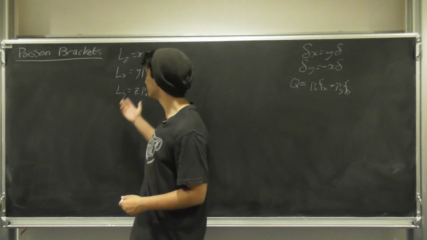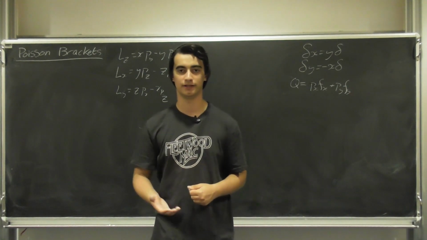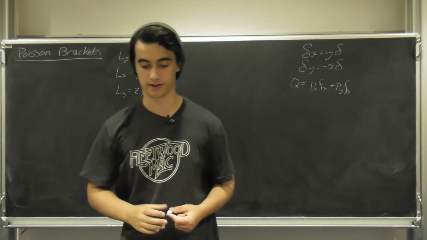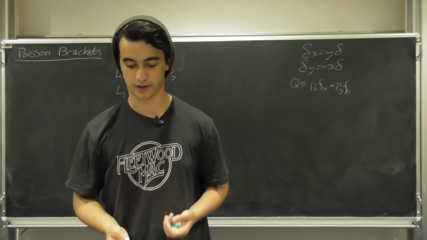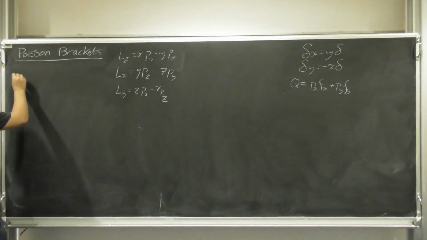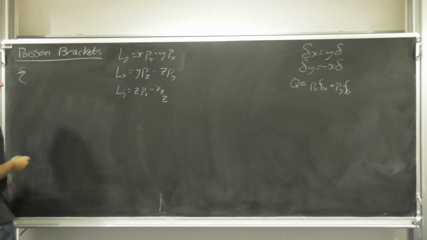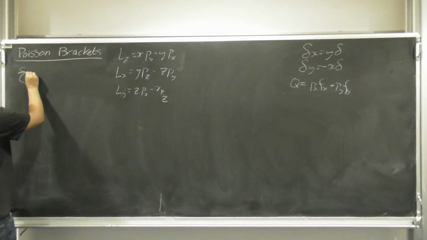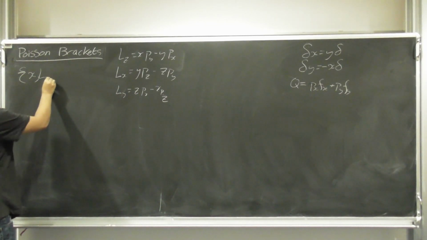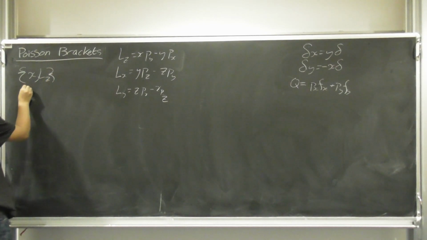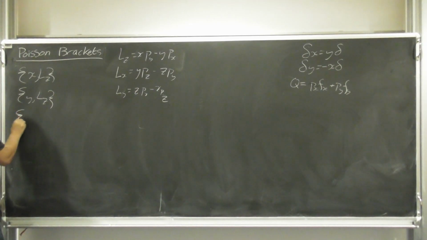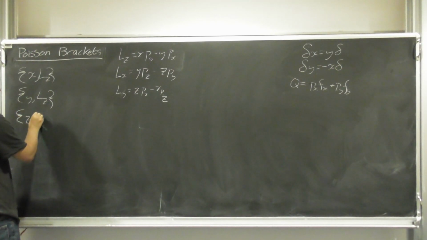As one might expect, if the system were completely invariant under rotational symmetry, or rather if the angular momentum was conserved, all of these would be invariant as well. So we're going to take the Poisson bracket of x with L sub z, the Poisson bracket of y with L sub z, and the Poisson bracket of z with L sub z.